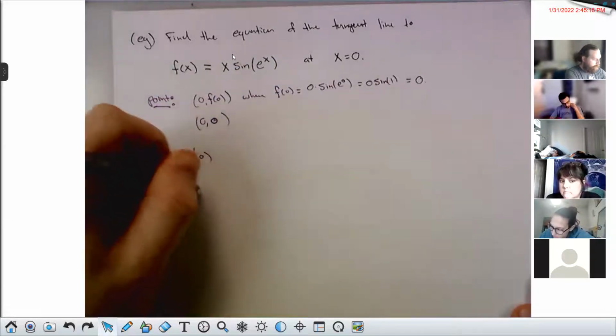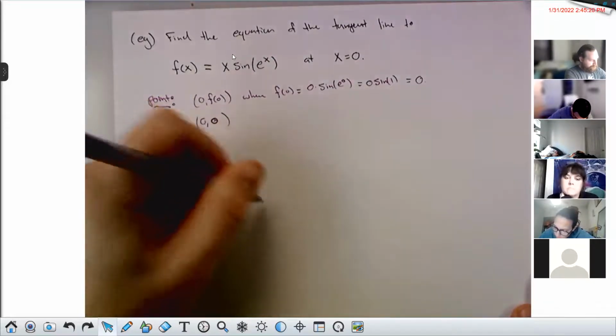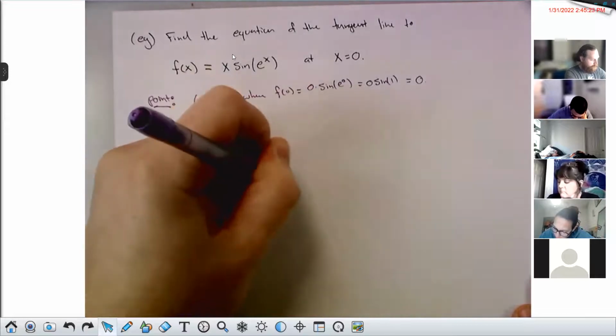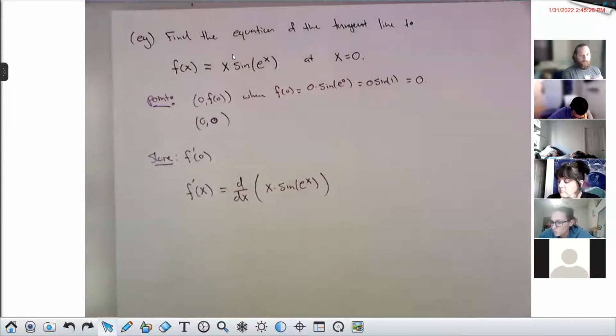So to find f prime of 0, I need f prime of x, that is d dx of x times the sine of e to the x. To see which order you should apply the rules in, you need to think about what the outermost operation is. So this product is the outermost operation. This is not a composite with a product inside.